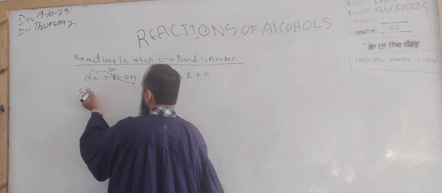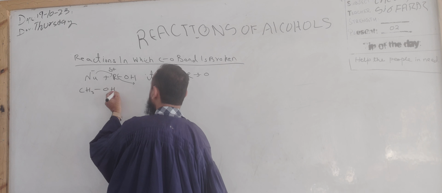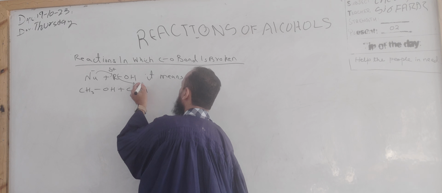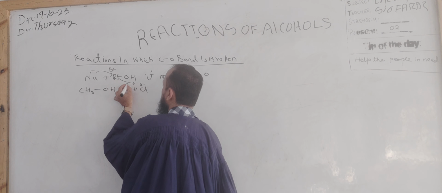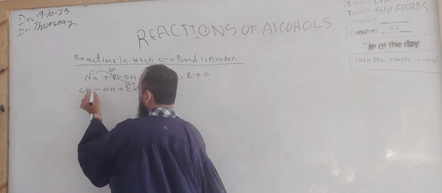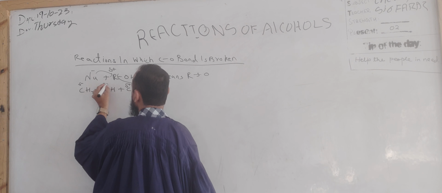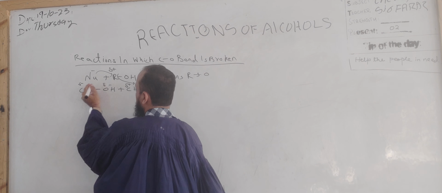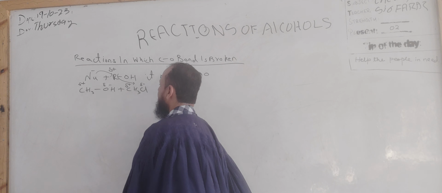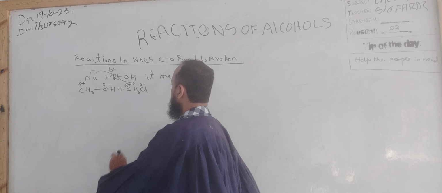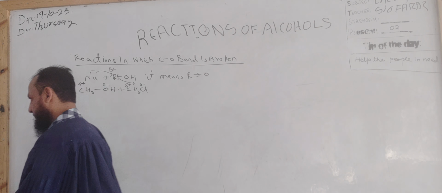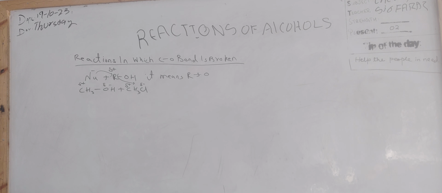For example, I am taking the example of CH3OH and its reaction with CH3Cl. This is partially negative and this is partially positive. Okay. So the chloride will act as a nucleophile.